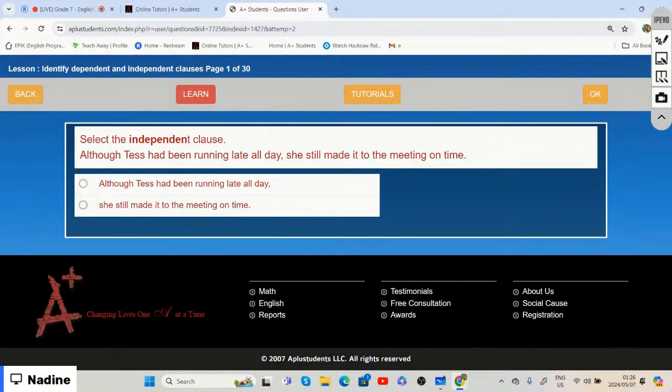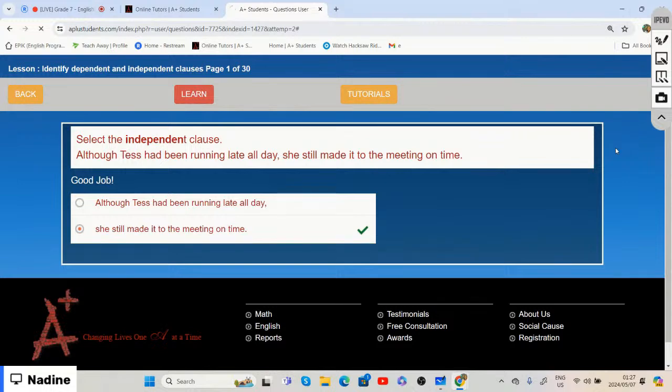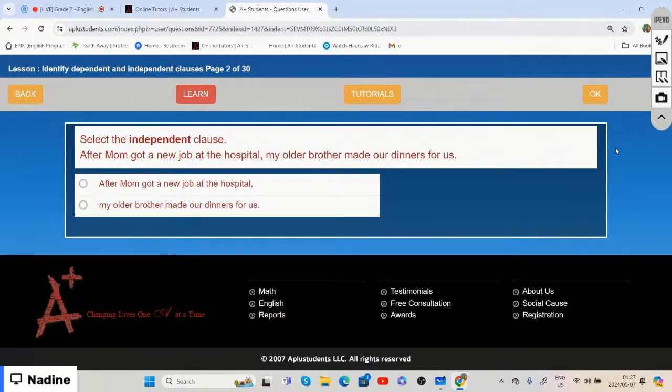All right, if we were to select the independent clause, we would choose the second one that says she still made it to the meeting on time. That is an independent clause that can stand on its own. We need to select the independent clause. It says, after mom got a new job at the hospital, my older brother made dinners for us. Is it after mom got a new job at the hospital, or my older brother made dinner for us?